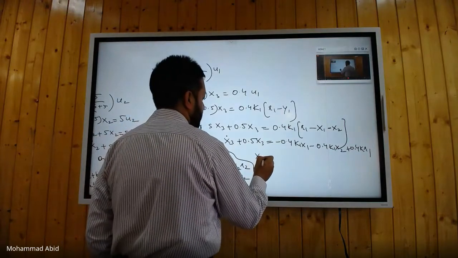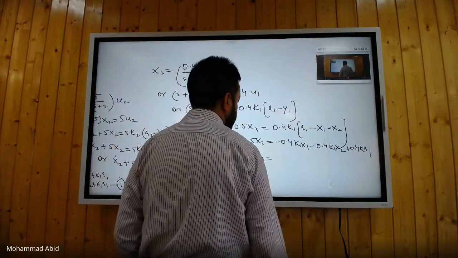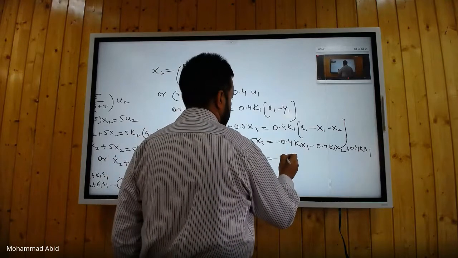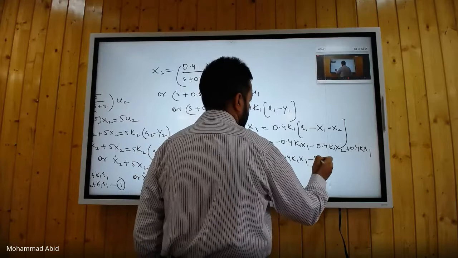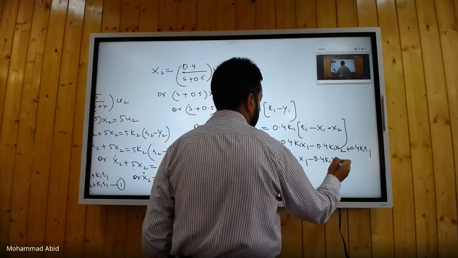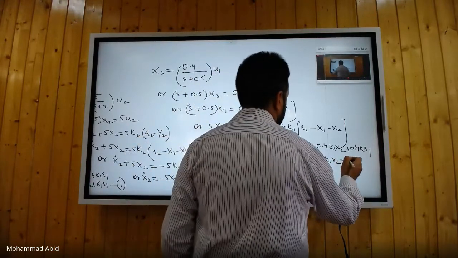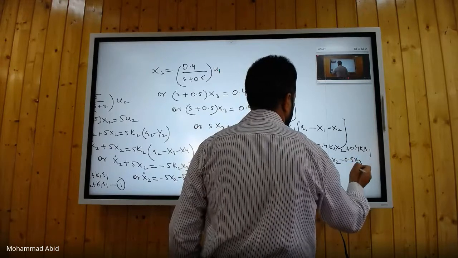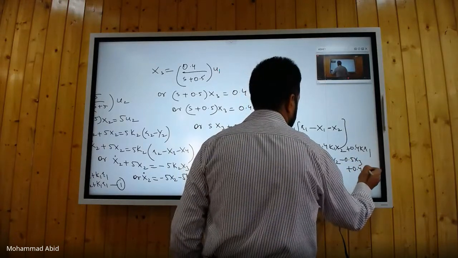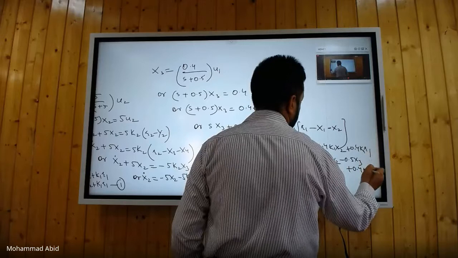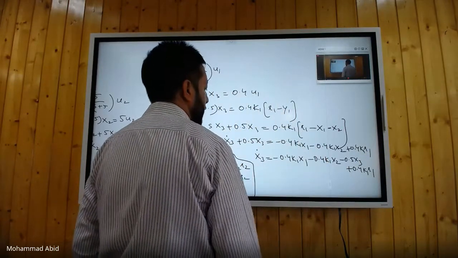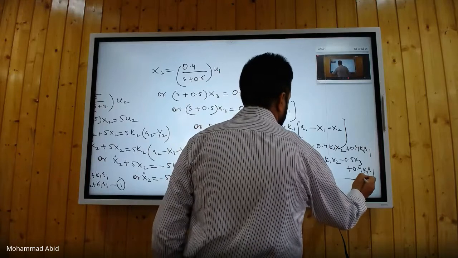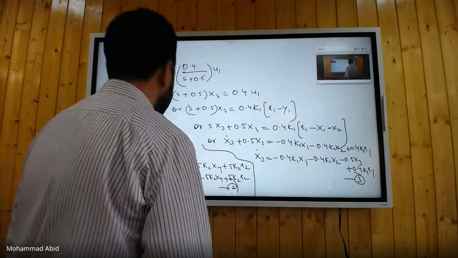We can write x3 dot is equal to minus 0.4 k1 times x1 minus 0.4 k1 times x2 minus 0.5 x3 plus 0.4 k1 r1. ठीक है? ये बन गया इक्वेशन 3. सही लिखा हमने?